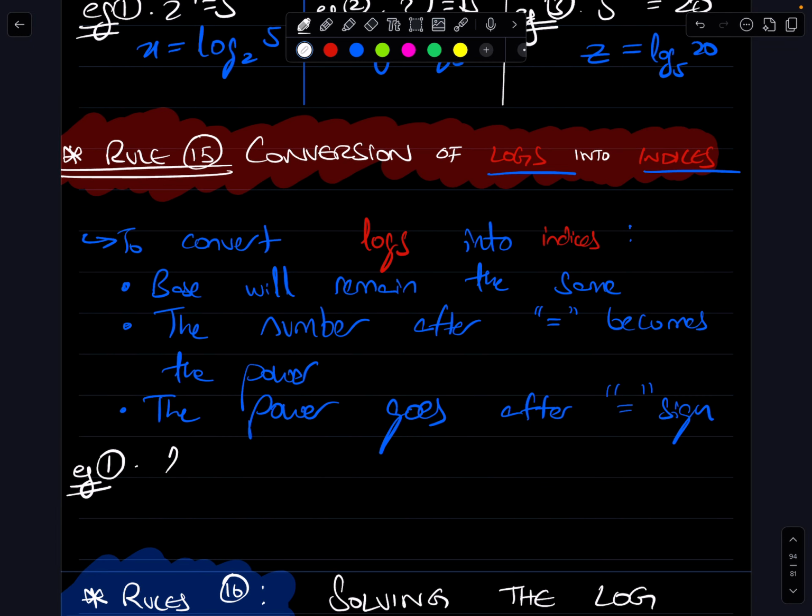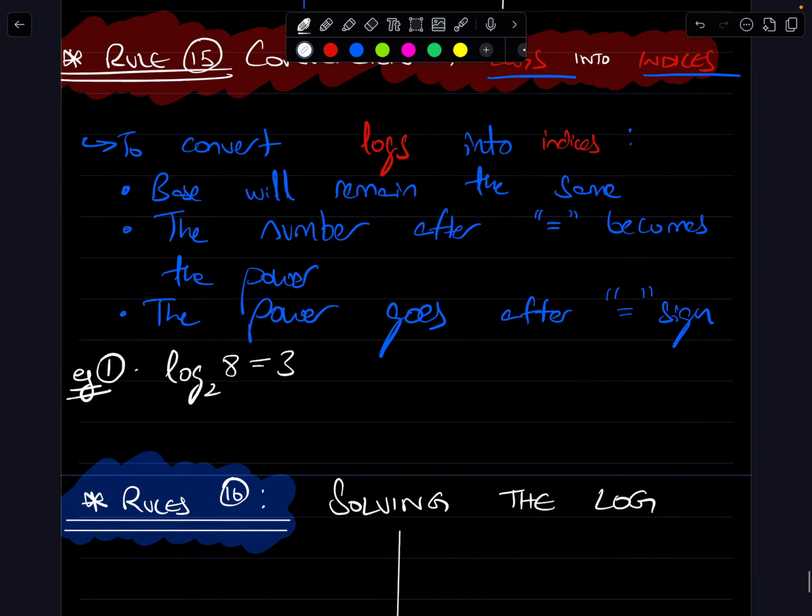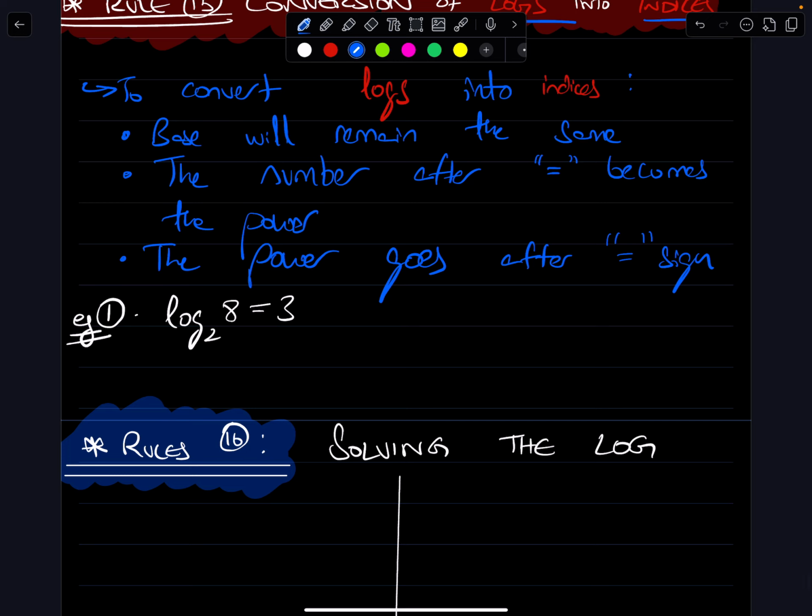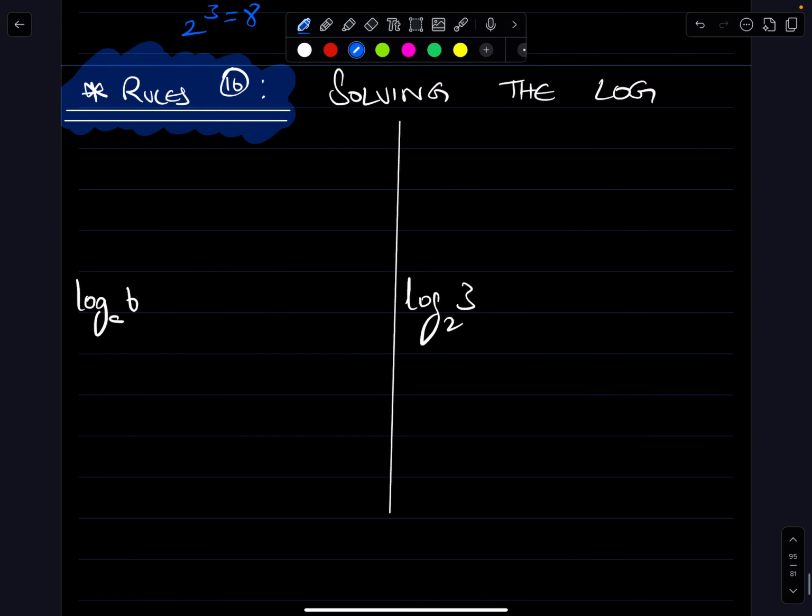Let's just say I have log base 2 of 8 is equal to 3. This is solved. So if I were to convert this to indices, I can write this as 2 raised to the power of 3, so I get 8. This is how things work.